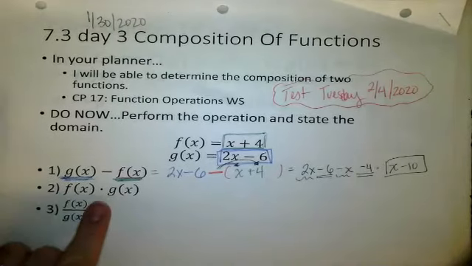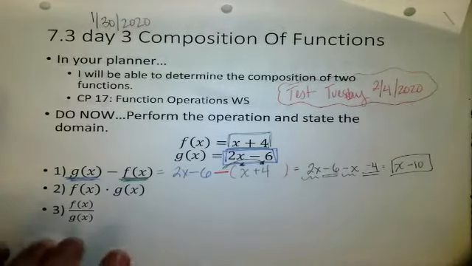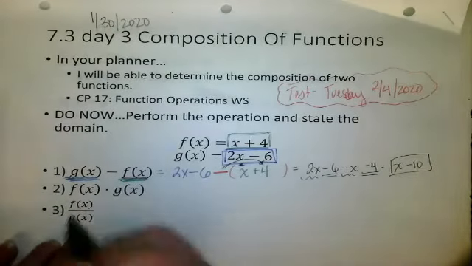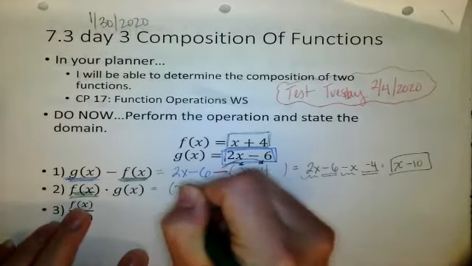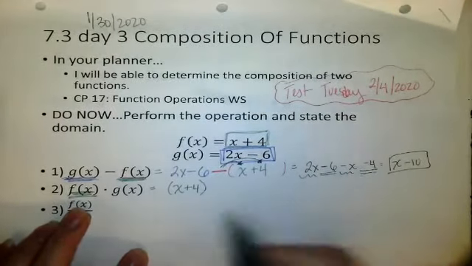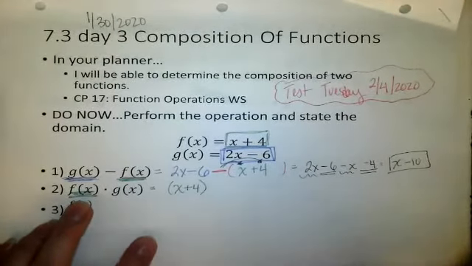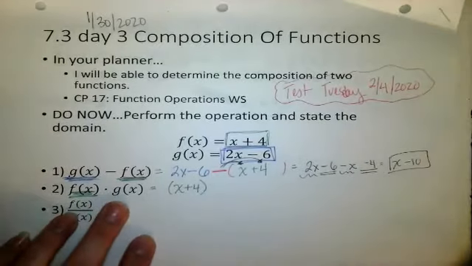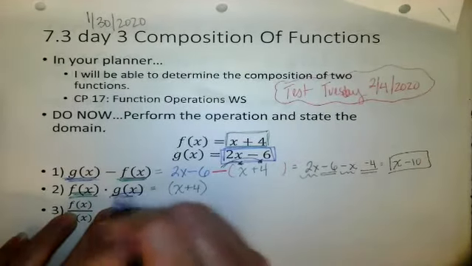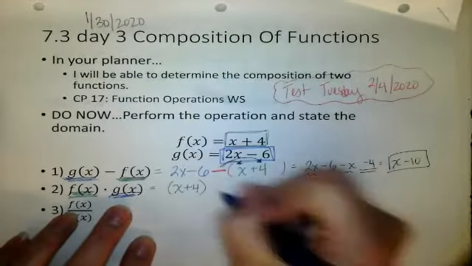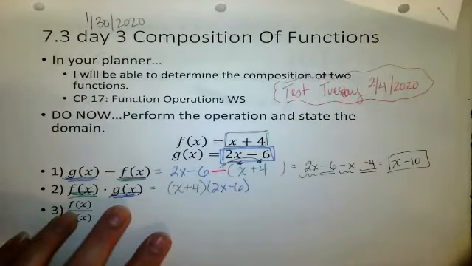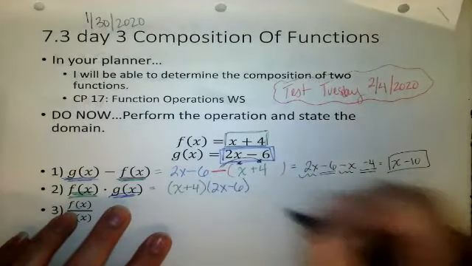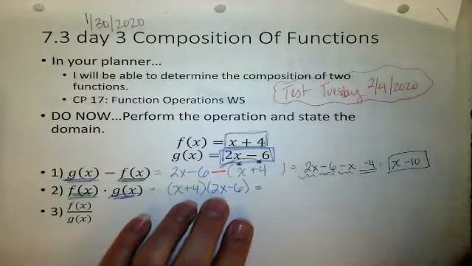Number 2, we're multiplying the two functions together. So what can I replace f of x with? Yeah. And again, we want to be very careful and put that whole thing around parentheses because we want to multiply it to the g of x. And what can I replace g of x with? 2x minus 6. And now we just get to multiply, and that means distribute. Got to multiply them all together, not just the 4 and the 2 together.